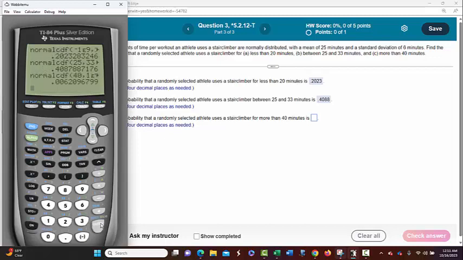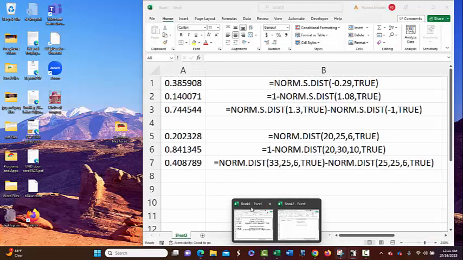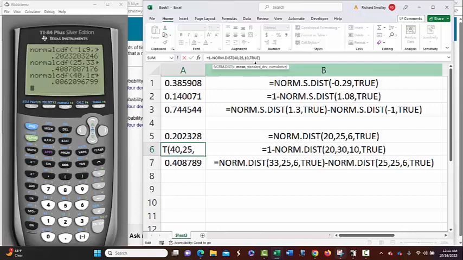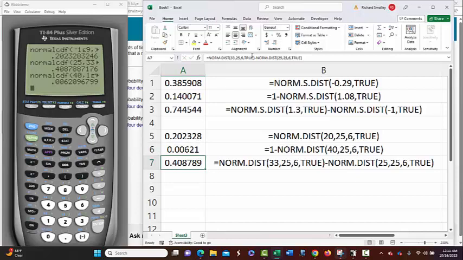Okay. Now let's see how that works in the spreadsheet. More than will be the middle one. So 40 is the number, the x value. Next thing's the mean. And then the standard deviation of 6. And always true for these in the normal distribution.